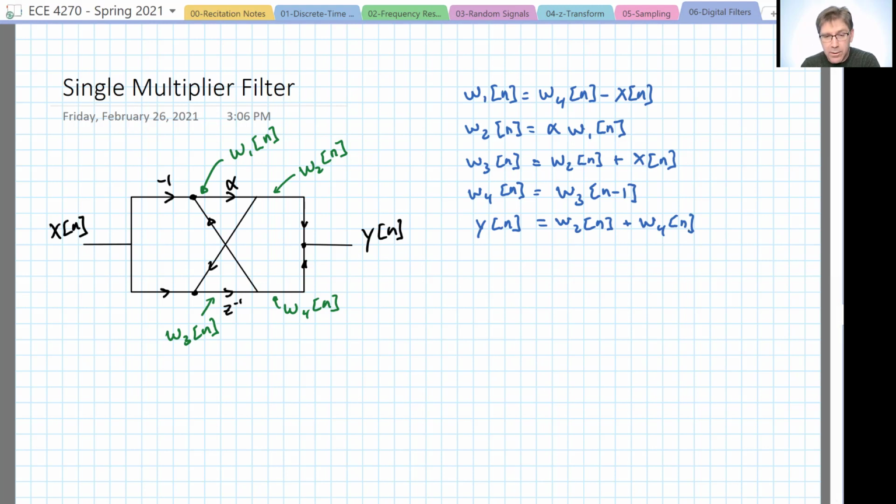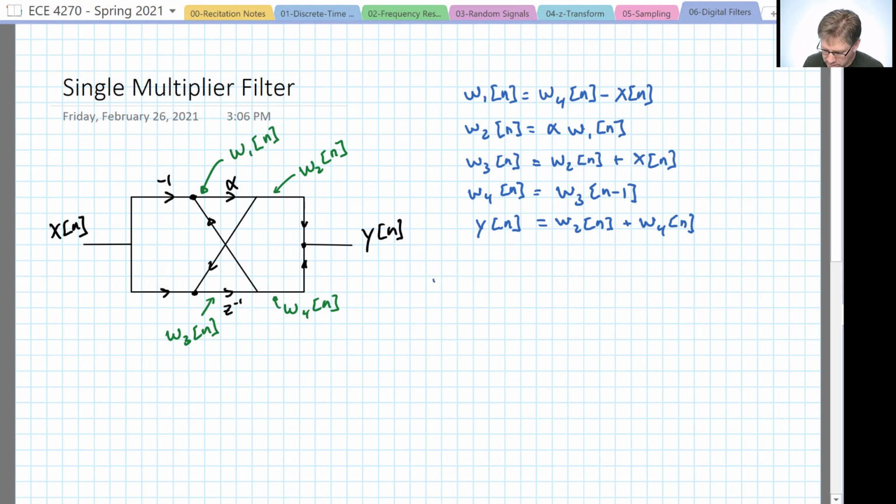Okay, now we can go ahead and start to simplify things. I'm going to drop the sub n notation, and when there's a delay, I'll just indicate that with a z to the minus 1.